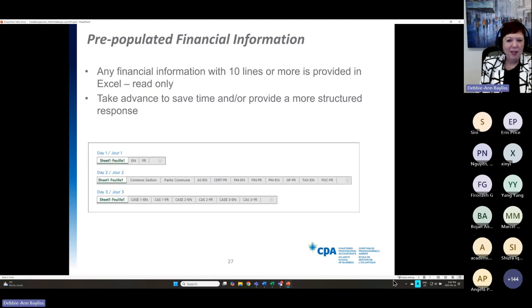So any financial information that's 10 lines or more is going to be in a tab. If you notice for day 2, they have a tab for common in English and in French, and then they have a tab for each of your roles. So look there. If there is pre-populated information, then you could copy and paste that information into sheet 1 so you can save valuable time.